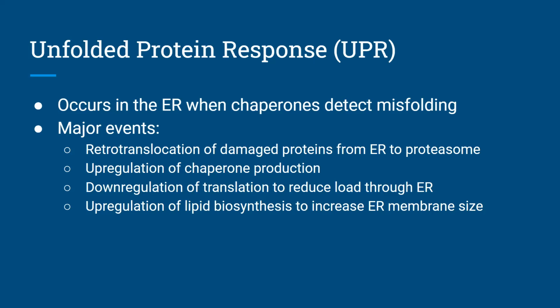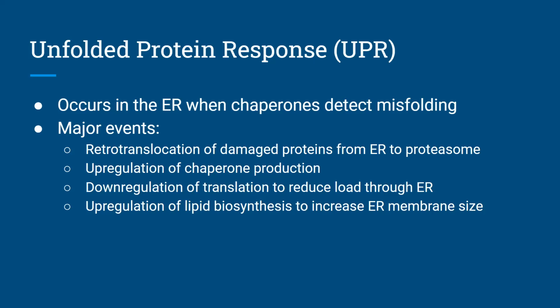First of all, your misfolded, unfolded proteins are going to be retrotranslocated out of the ER and into the proteasome. Retrotranslocated just means that it has to go through a backwards channel out of the ER. Then you're going to upregulate your chaperone production to help either refold or escort those proteins out so they can be degraded.